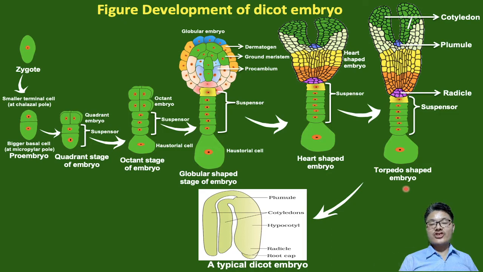Later, the torpedo-shaped embryo undergoes the walking stick stage, and finally there is formation of the mature embryo. And the embryo is the source of the new plant. Embryos are found within the seed of a plant.